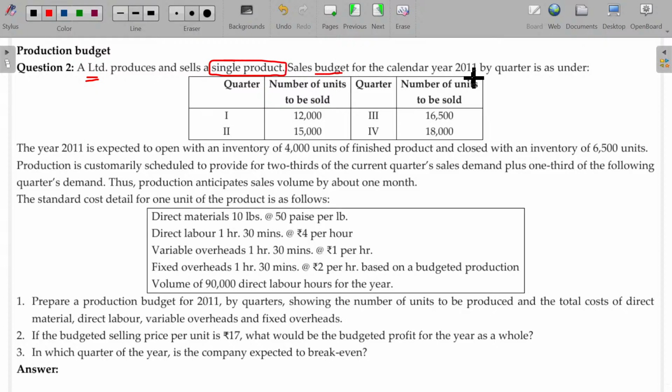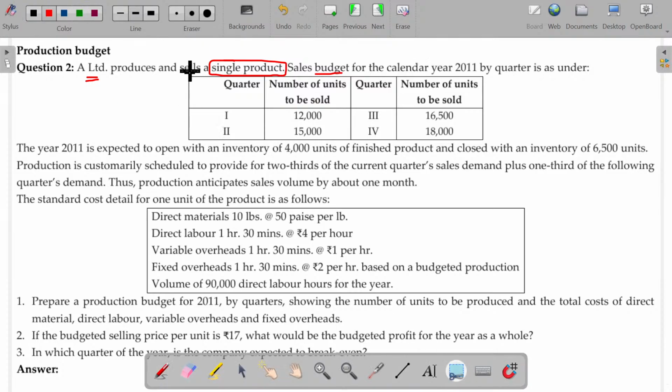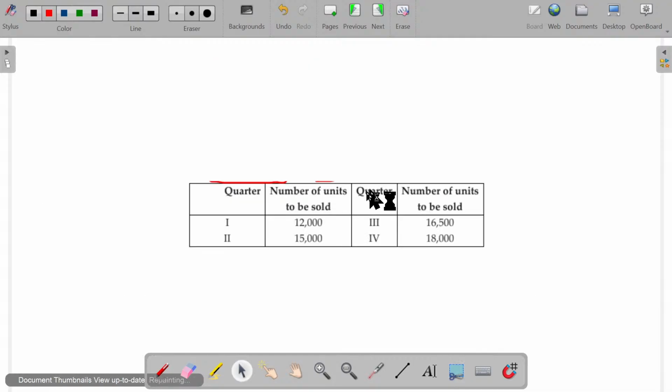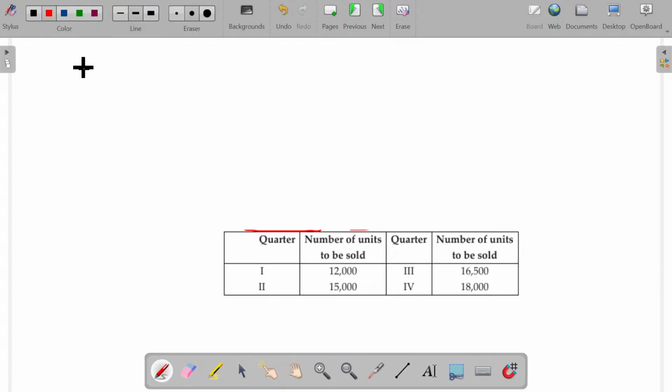Sales budget for the calendar year 2011 by quarter is as follows. This will be the sales budget for every quarter. Okay, sales budget. Quarter 1, 2, 3, 4.